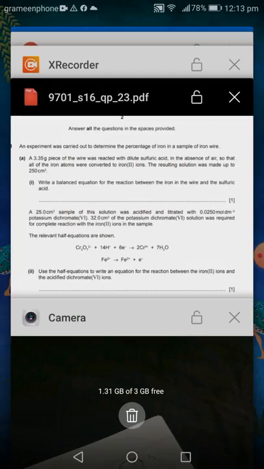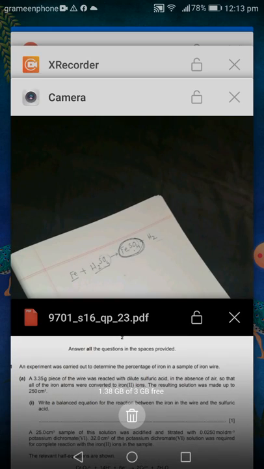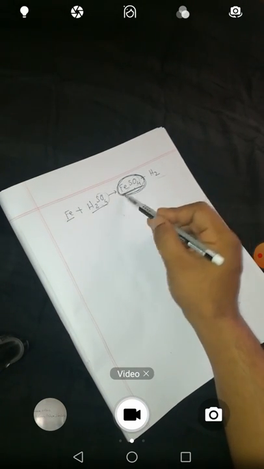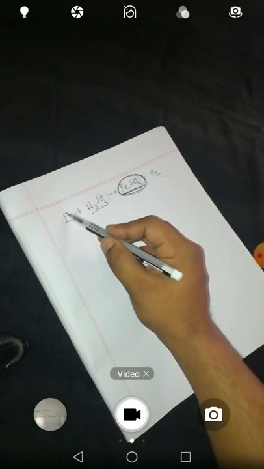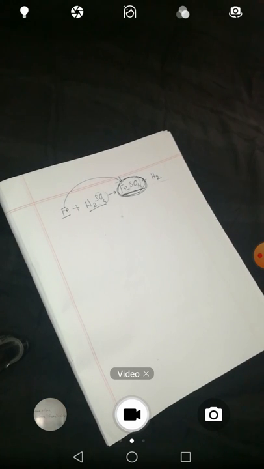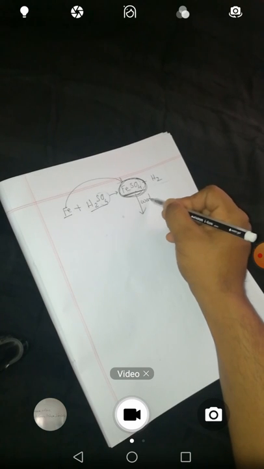Okay, now let me go back to the question. Dilute sulfuric acid, so that all the iron atoms were converted to iron 2 plus. There is no indication of what has happened to the sulfuric acid, but all iron is converted to iron 2 sulfate. Then water is added to the iron 2 sulfate.